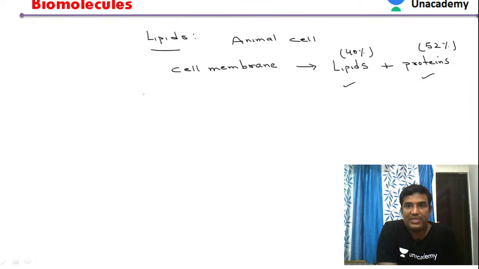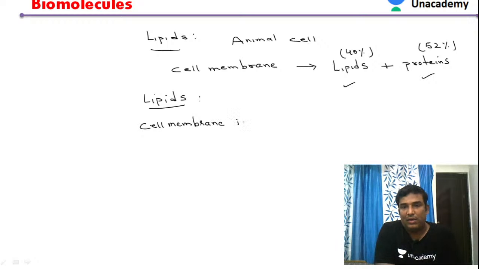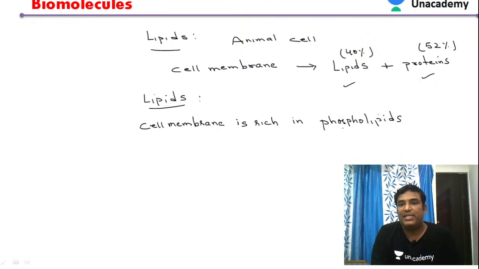And specifically, what type of lipids are present in the cell membrane? The cell membrane is rich in phospholipids.